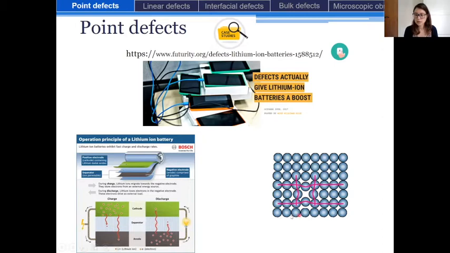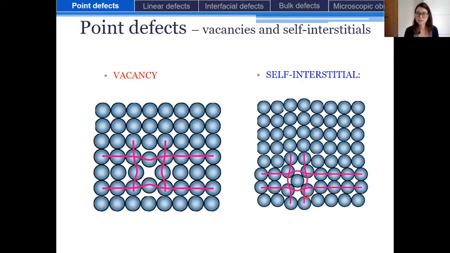And so we are going to see that this is the kind of defect that is formed in our lattice structure. As you can see here, right here, an atom is missing, and this kind of open vacant space in the lattice is responsible for an improvement of the lithium ion transport.